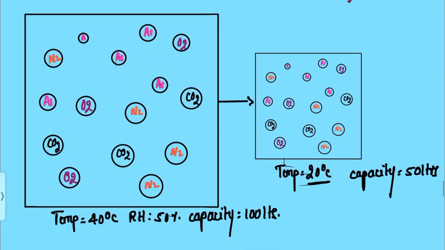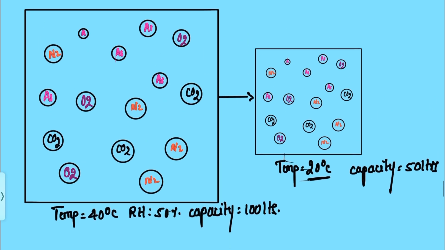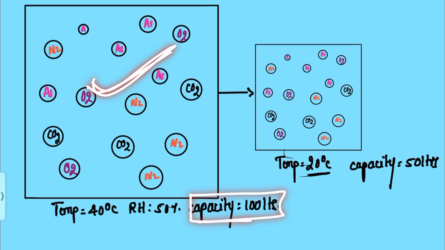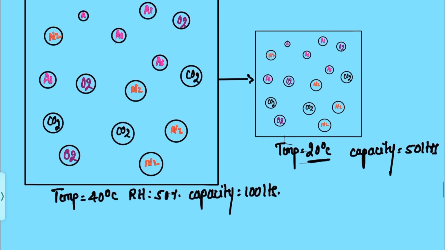Okay. Let us take one example. Let's say this is the volume of air and the temperature is 40 degrees. And capacity to hold moisture is 100 liters. Let's say this volume of air can hold 100 liters of water. And if I say relative humidity is 50%, it means capacity is 100 liters, current moisture is 50 liters, right?